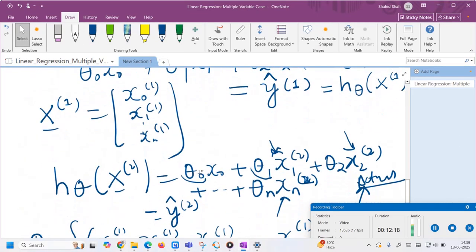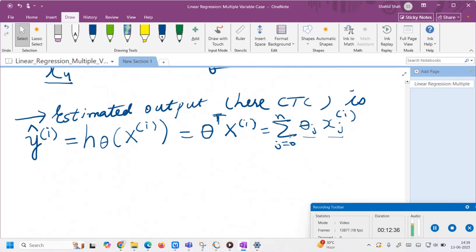See, here is the estimate of output, that is CTC, with respect to the inputs, where input x1 is the grade of some subject, suppose programming, x2 is the grade of another course, and xn is the overall CGPA of the student. So this is the estimated output, right? You can write it as theta transpose x also, or y hat of i.